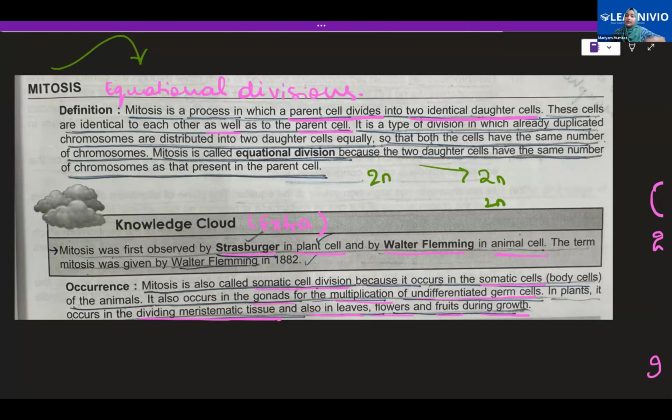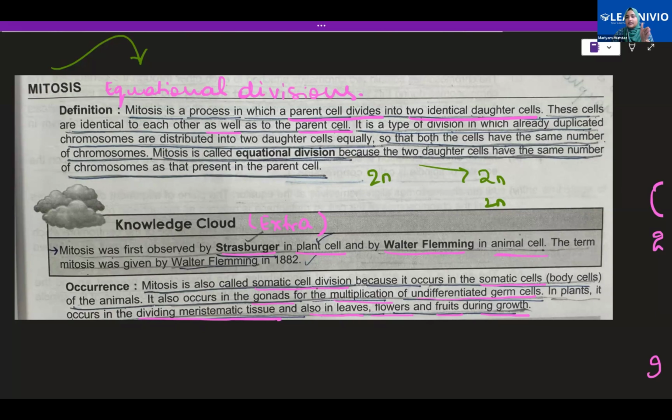Whenever there is the need to increase the number of cells, or to replace an old cell with a new cell. Remember that mitosis is not needed for reproduction in higher organisms. In organisms that do sexual reproduction, they don't need mitosis, but in organisms that do asexual reproduction, mitosis can be a method of reproduction. Clear?